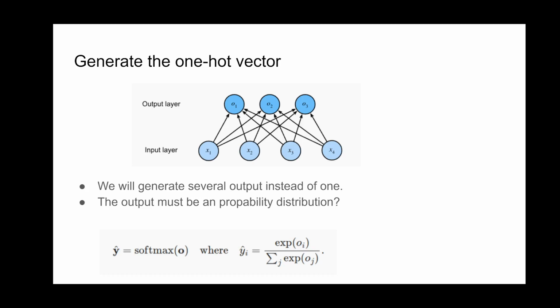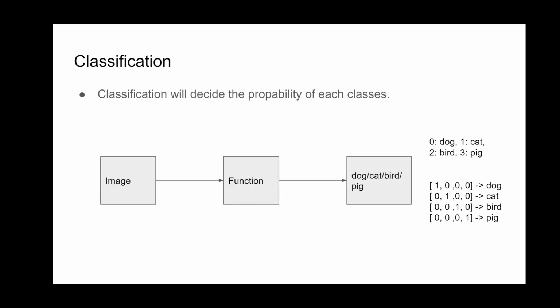But the problem is that in the one hot encoding, the output of the model should be 1 0 0 0 like this one. And although it's not necessary, we can think of this as a probability distribution.